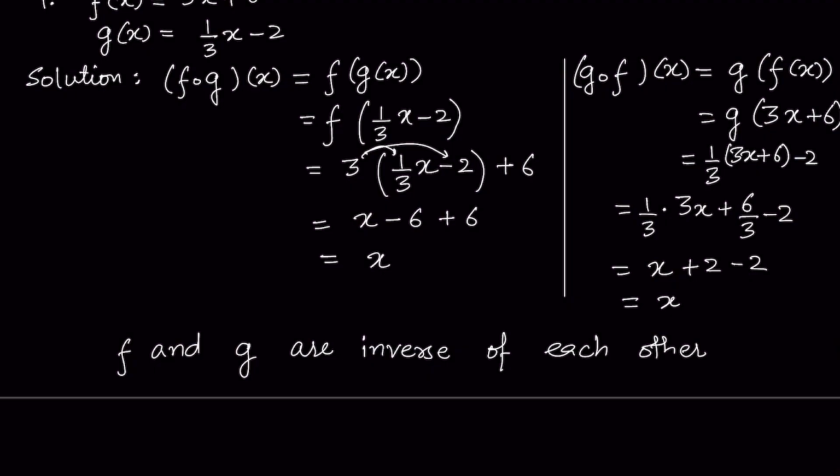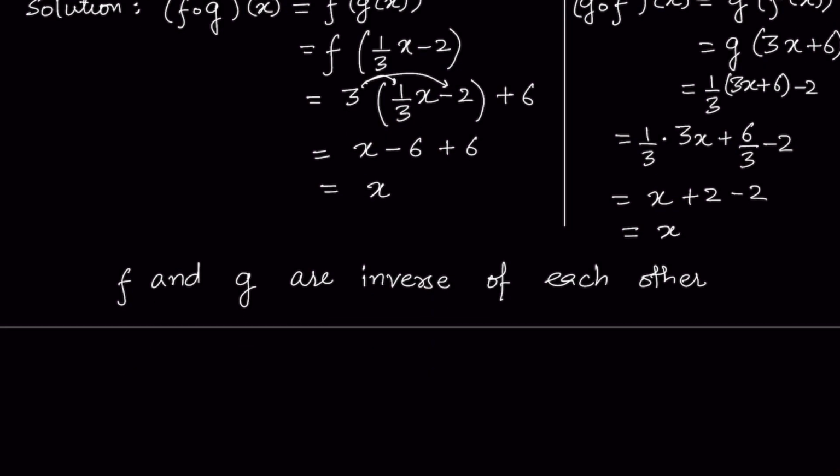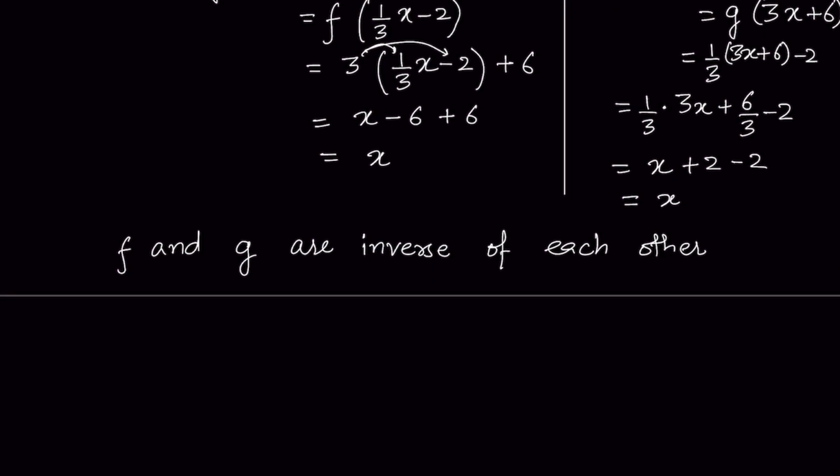Let's do one more example, and then we will switch to finding the inverse. Let's say f(x) is given by x plus 1 divided by 5, and g(x) is given by 5x plus 1.